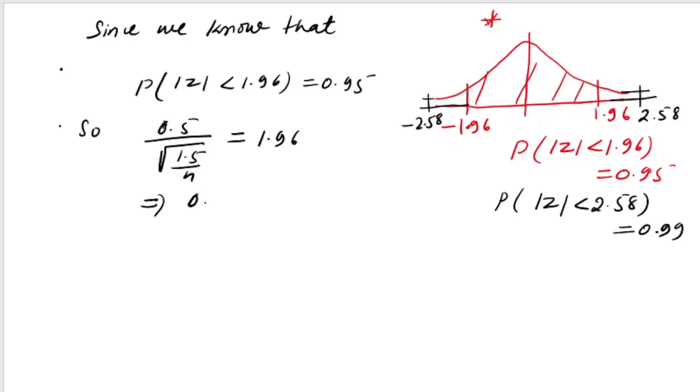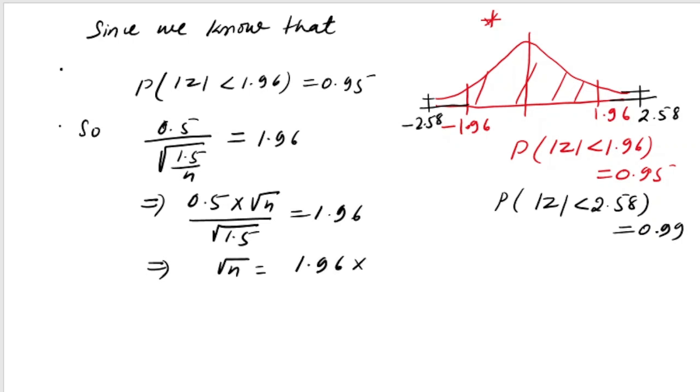So I write 0.5 into under root n by under root 1.5 is equal to 1.96. So under root n will be equal to 1.96 into under root 1.5 by 0.5. So n will be the square of it.